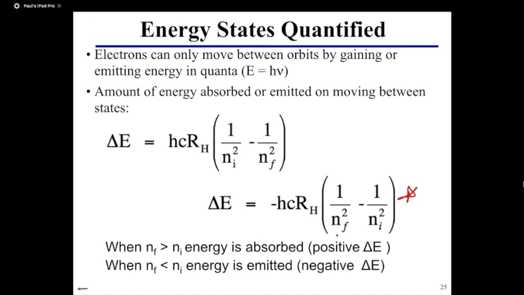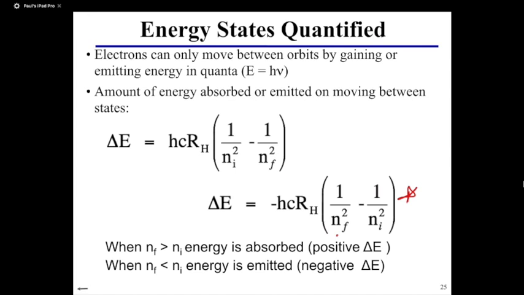The positive and the negative here is going to be the direction in which the energy flows. If the atom absorbs energy, it's a positive number. That happens when the electron starts at a low level and finishes at a high level. I have to absorb to excite that electron up.